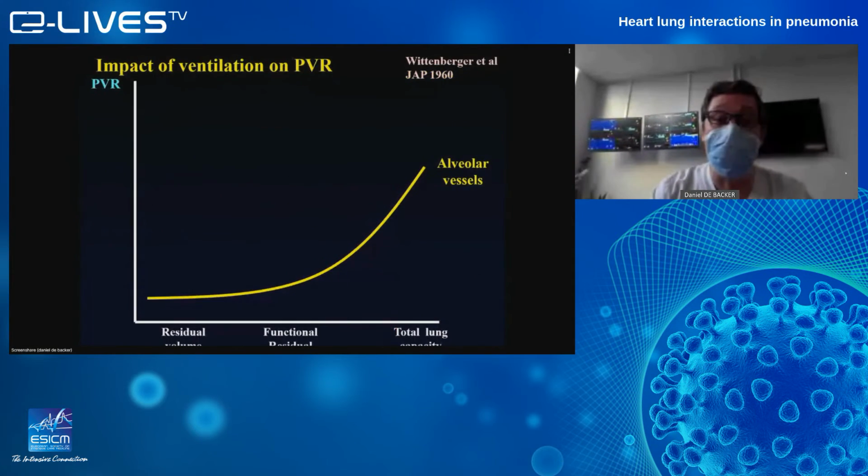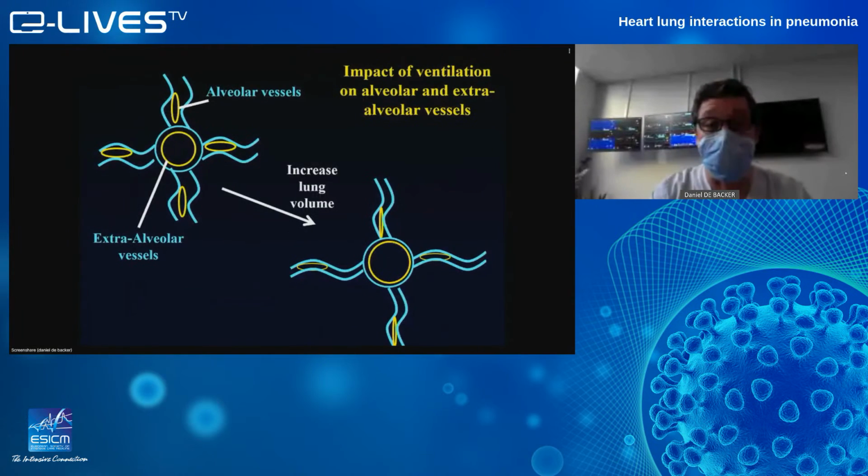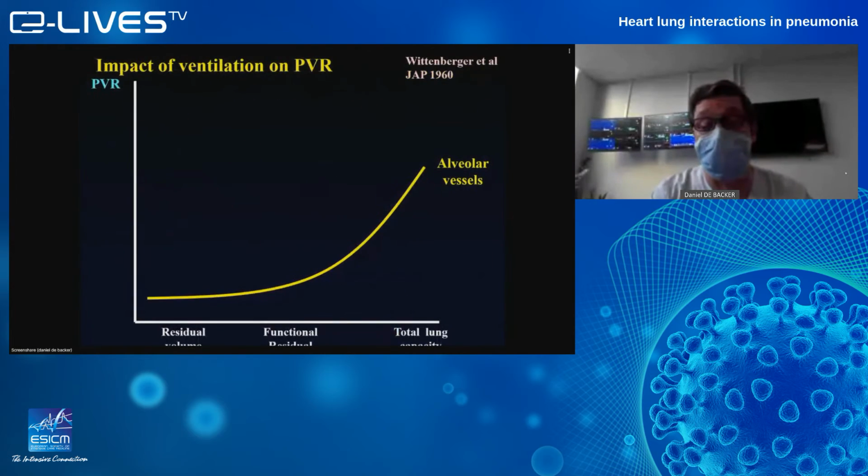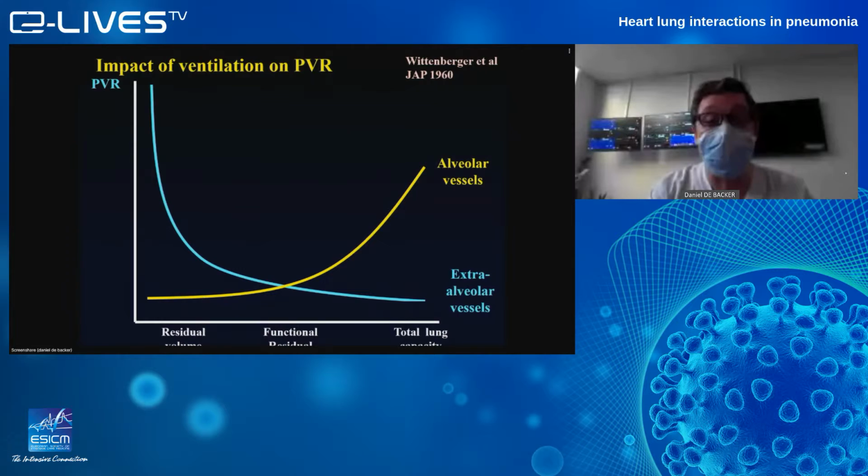And so, if we look at the impact on the vascular resistance of the different vessels, for the alveolar vessels, there is a progressive increase in the resistance of these vessels because indeed these vessels will be squeezed during the increase in the tidal volume. On the other hand, for the extra alveolar vessels, because these will be dilating, there will be a decrease in the resistance of these.